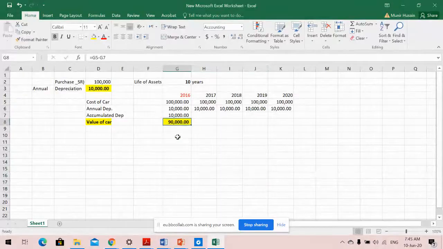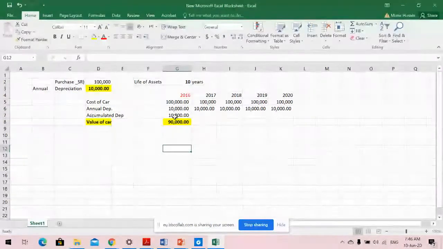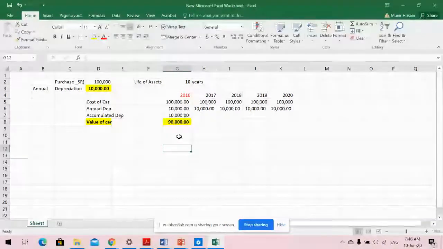The value of the car was 90,000. But how will you show it? You will show it as 100 minus total depreciation of 10,000, which is 90. So that any user can see that we purchased this car for 100, 10 is depreciated, and now it is 90. This is how you should present it in a balance sheet.